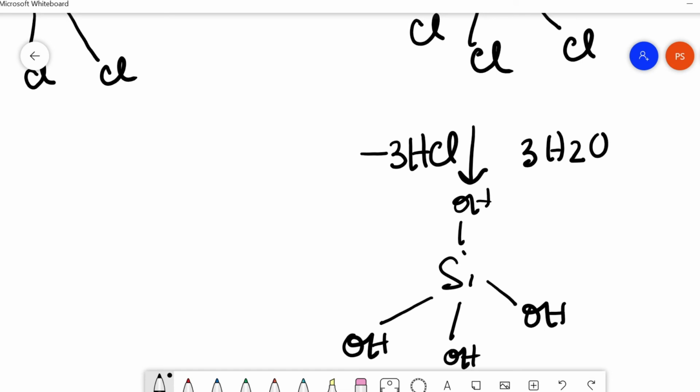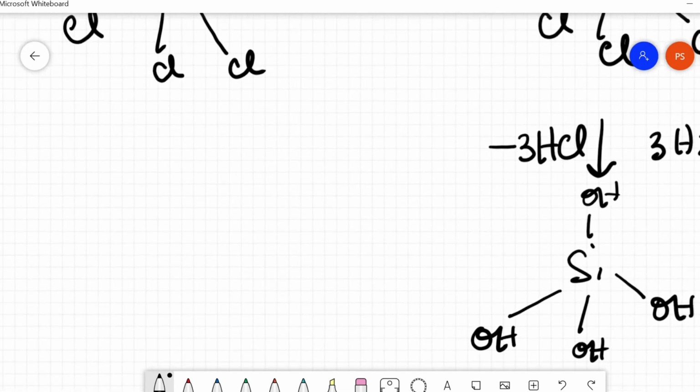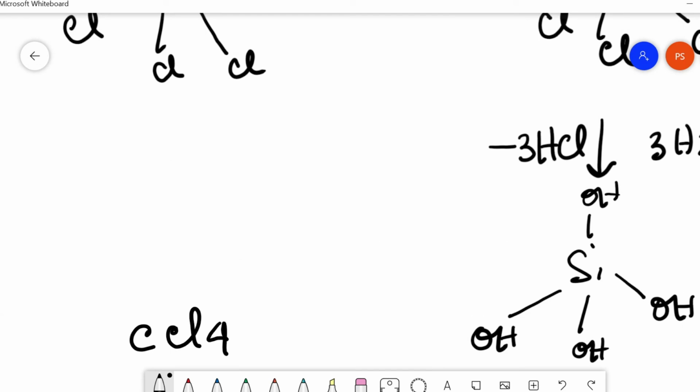This is not possible for CCl4 because in silicon there are vacant d orbitals present. That's why in this reaction, oxygen with a lone pair can attack the silicon, and silicon can accommodate the incoming electron pair. Carbon, on the other hand, does not have vacant d orbitals.